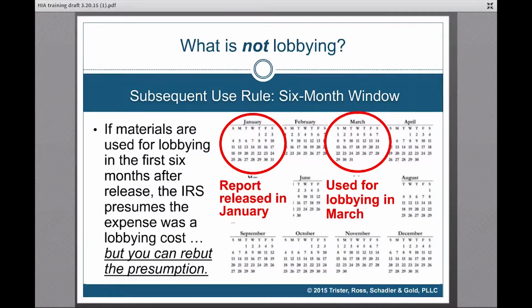The report has to be independent, providing an objective analysis of the issues. And you have to distribute it broadly to all sides of the issue, all sides of the political landscape. And it can advocate for a viewpoint, but it needs to include a full and fair examination of all aspects of the issue.